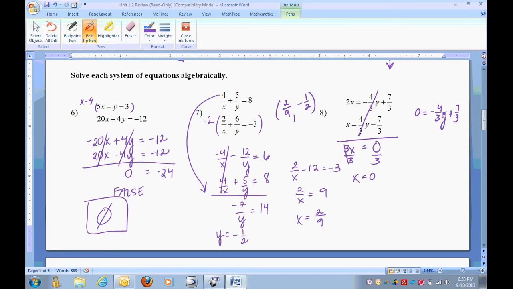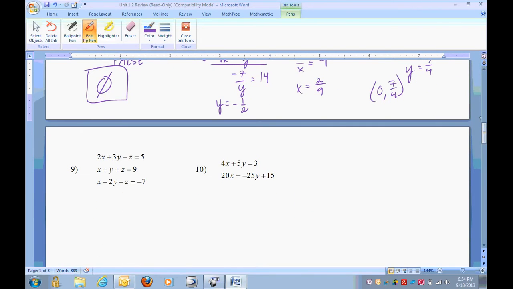Then I can bring that 4/3 y over to the other side, and it becomes positive 4/3 y equals 7 over 3. And then I need to divide by 4/3, which again is the same thing as multiplying by the reciprocal, 3 over 4. So y ends up equaling 7 over 4. So my solution is 0, 7 over 4.